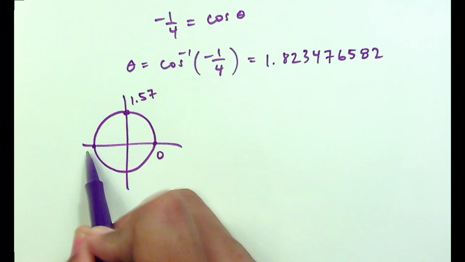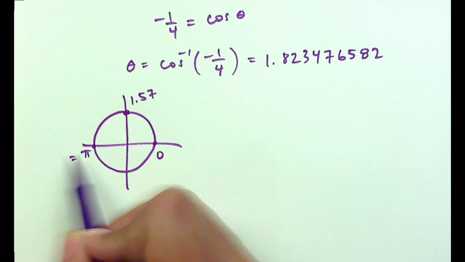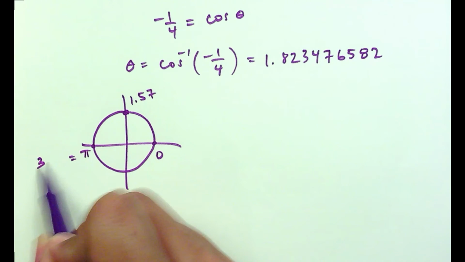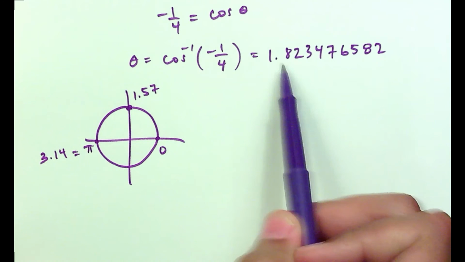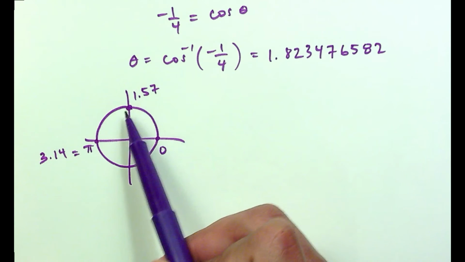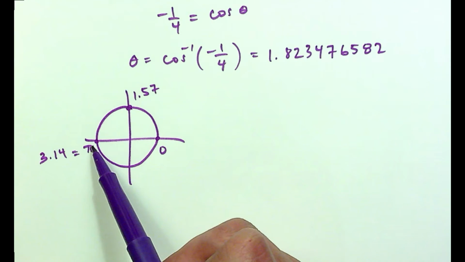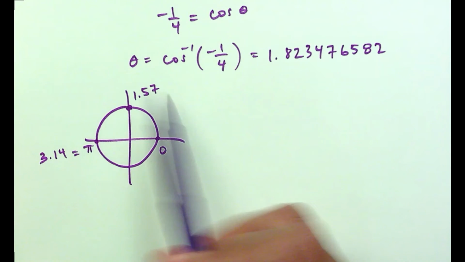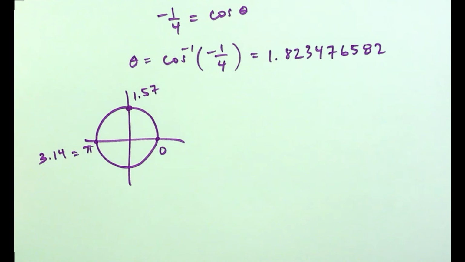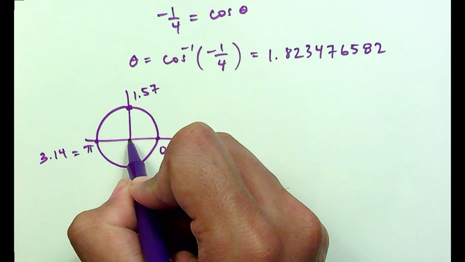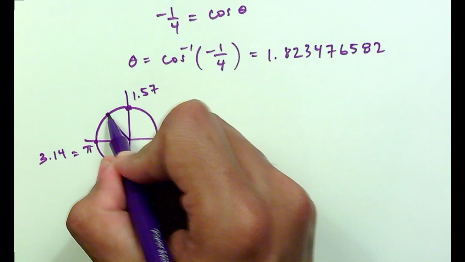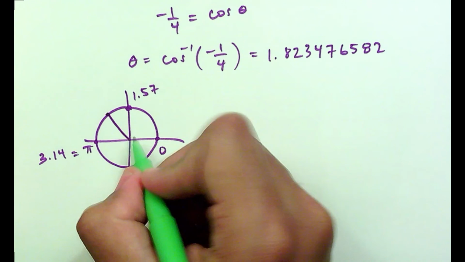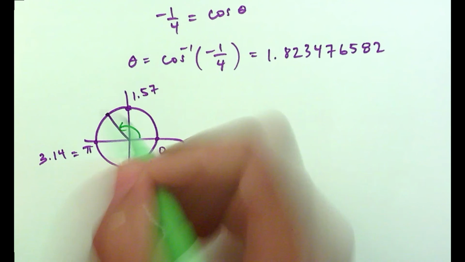And this one here would be pi, which is about 3.14. So 1.823, etc. is between 1.57 and pi. So it is actually in the second quadrant. This angle right here is in the second quadrant, so draw it somewhere in the second quadrant. There it is. So that's the first angle, the first solution.